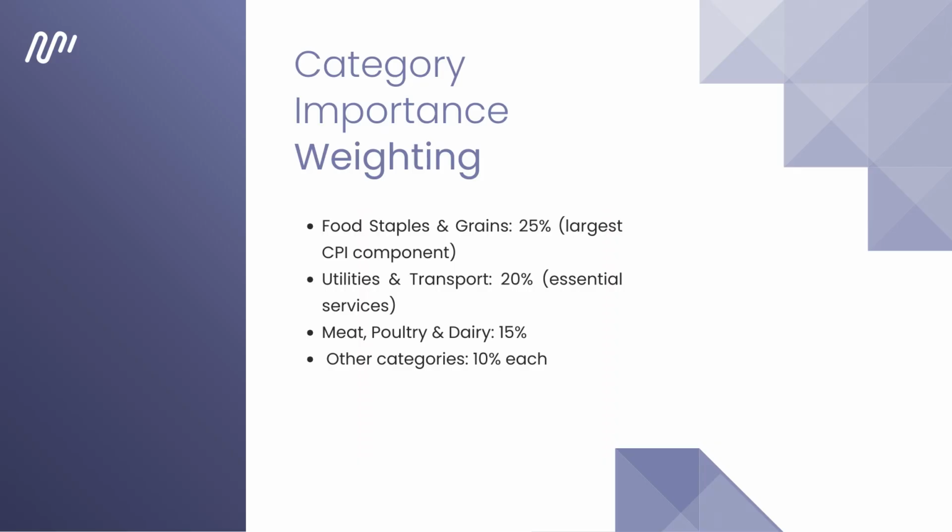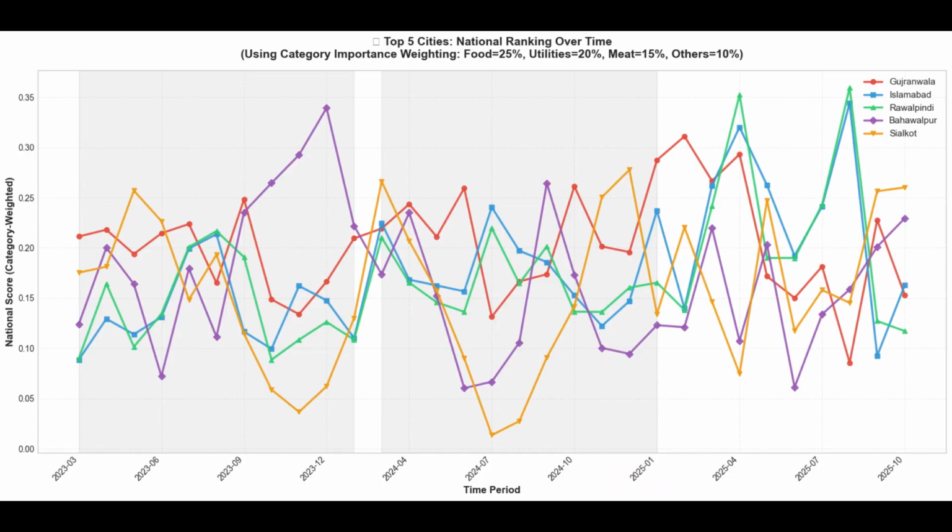Additionally, we implemented category importance weighting to create a national city ranking by aggregating across all 7 categories. Food staples and grains have an importance of 25%, utilities and transport 20%, meat, poultry, and dairy 15%, and other categories 10% each. This produces a single national score per city reflecting overall economic importance.